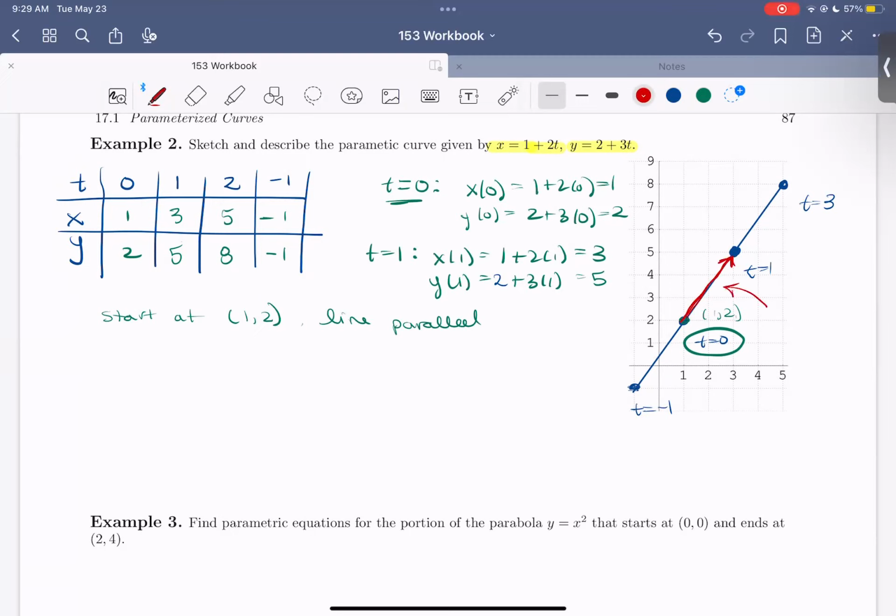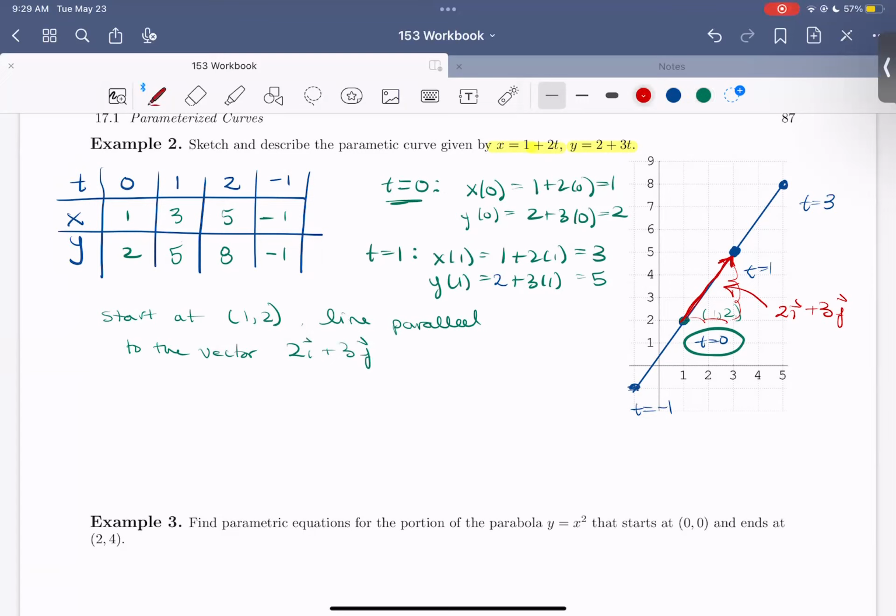What would this vector be? This vector would go over 2 in the i direction, so 2i, and then 3 in the j direction. So we could say this line starts at 1, comma 2, and is a line parallel to the vector 2i plus 3j.